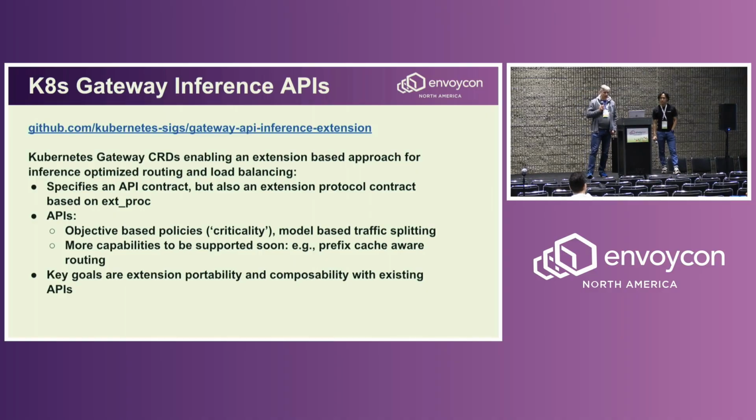It's a CRD that allows you to define the model pools, the objectives on how these model pools have to be selected based on request properties, and it also defines a protocol for implementing load balancing externally from Envoy, and that's the big difference. There is already a reference implementation for this external load balancer.